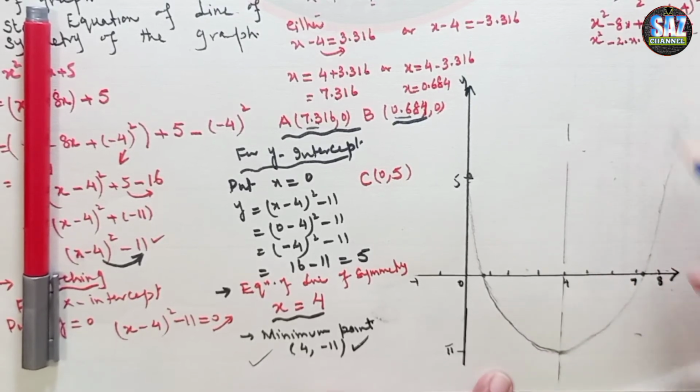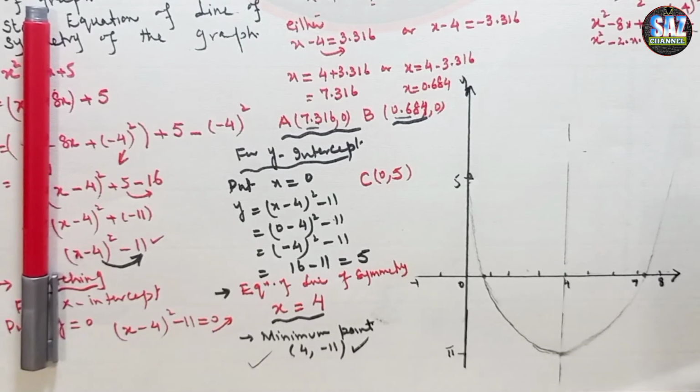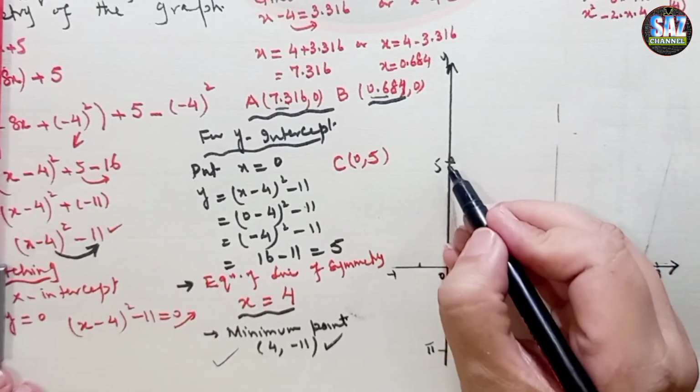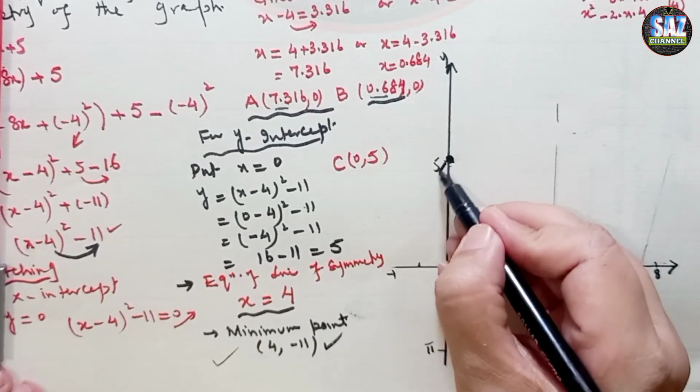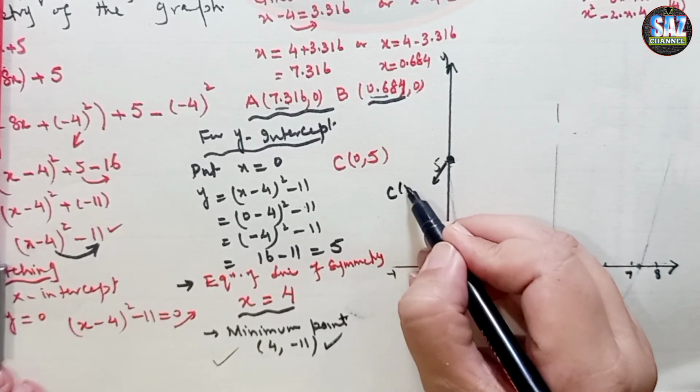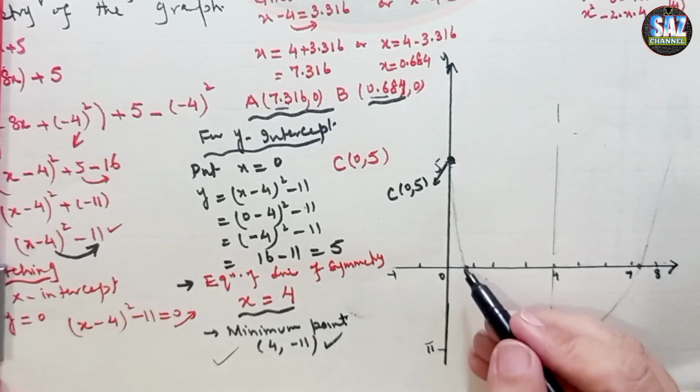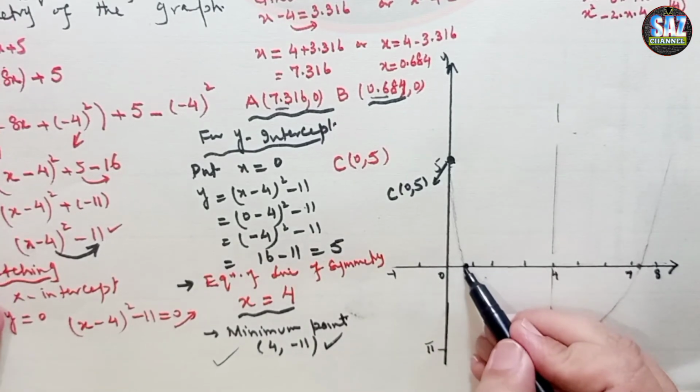Yes, it's a better sketch. So what we can do is rub from here, and let me go. Okay, this is the better situation. Now it's the time to go for the perfection of the points. This is point C, (0, 5).